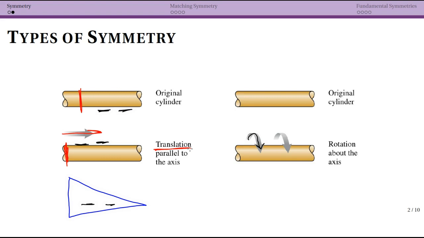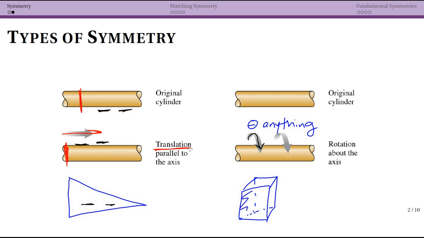Now, one thing that might happen is you might have something that has a limited rotational symmetry. So in this case, if we imagine rotating at theta, theta can be anything, right? So this could be 1 degree, this could be 180 degrees. On the other hand, if we imagine something like a cube, this is going to have some rotation symmetry, right?